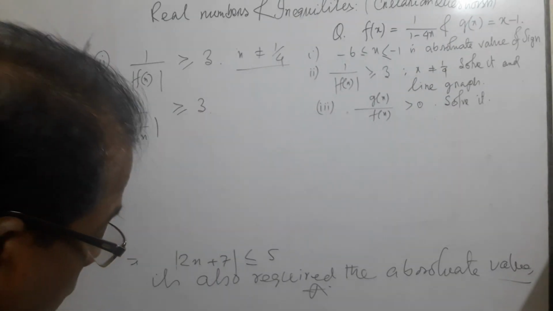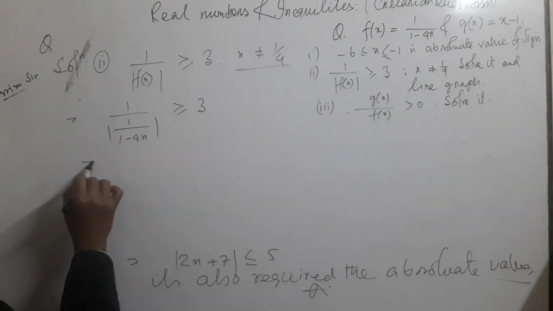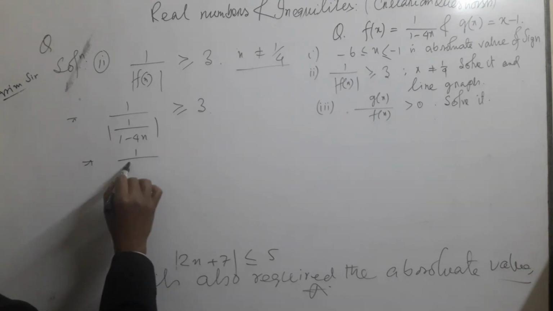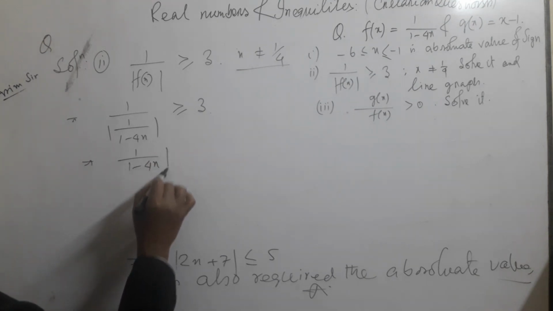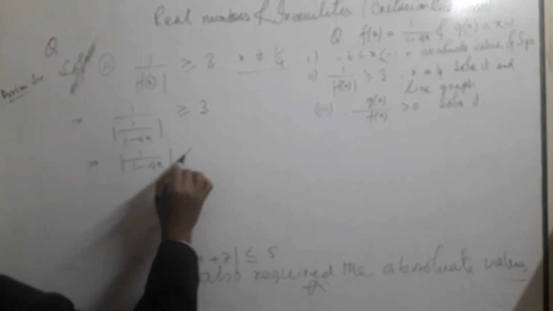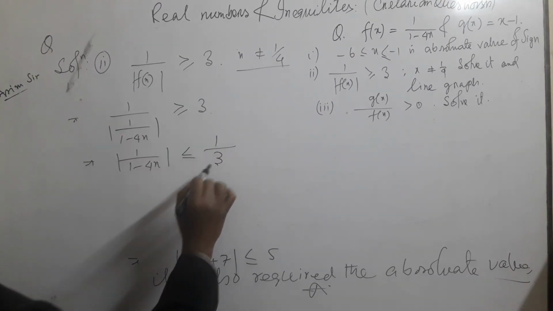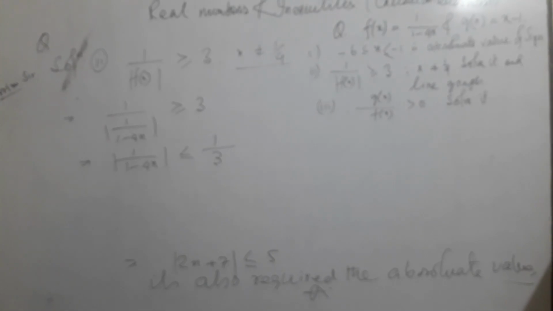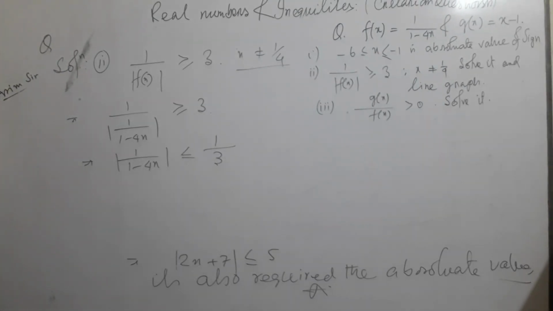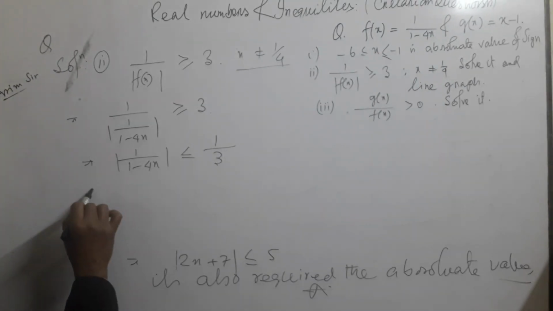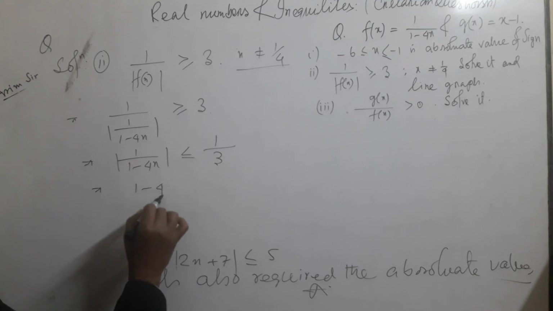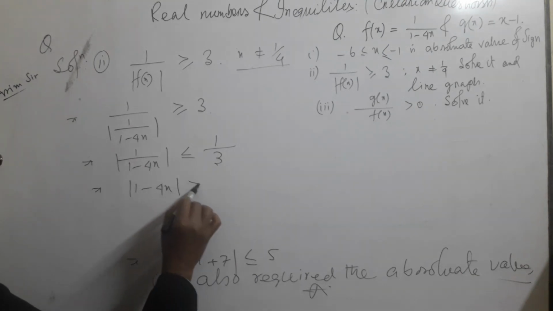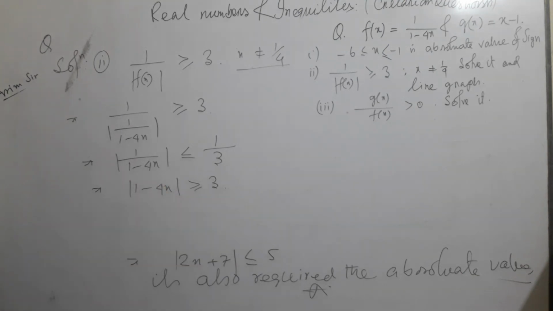That's why we have to deeply think, modulus of 1 by 1 minus 4x is less than or equal to 1 divided by 3, and that's why modulus of 1 minus 4x is greater than or equal to 3 is the system.